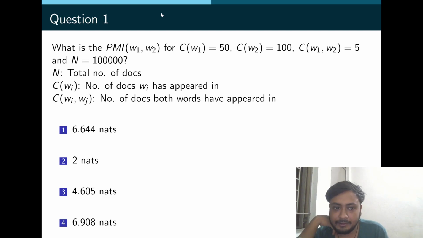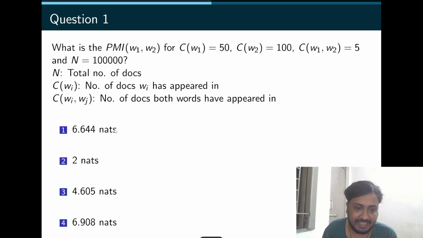Can we take count of W1, W2 into N divided by count of W1 into count of W2? Yes, but you have to take the logarithm of that. You have got the idea correct, but for this unit, which is NATS, you should not be using log base 2. You should be using log base e, or ln, the natural logarithm.